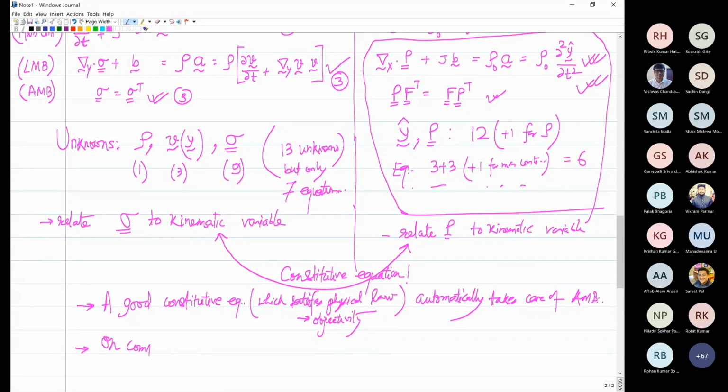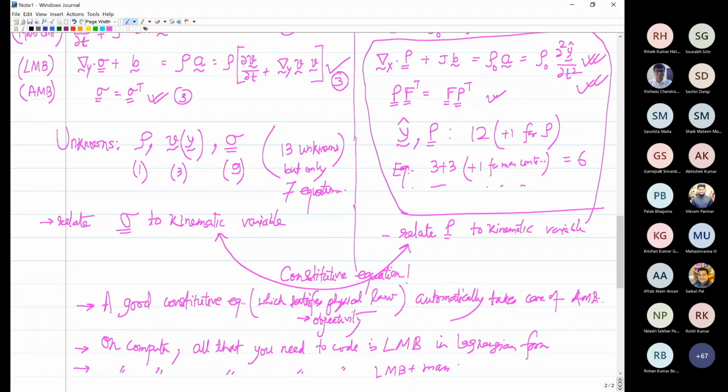So this implies on computer, all that you need to code is LMB in Lagrangian form, and likewise in Eulerian form it is LMB plus mass continuity. Okay, in Eulerian form.